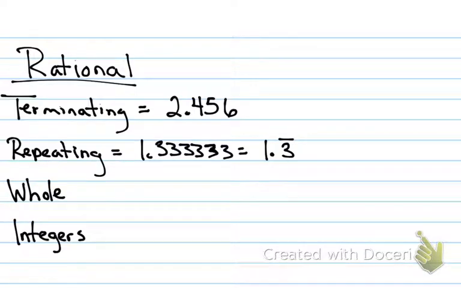Here's the common misconception, though. What's the difference between a whole number and an integer? Because a lot of times when we're asked to describe an integer, we say whole number, right? An integer, let's give some examples. -5, 3, 8, -15. What do they all have in common?